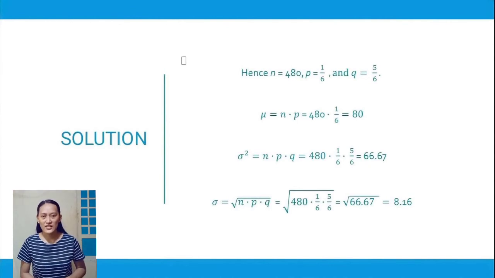Next, variance is equal to 480 times 1/6 times 5/6, the answer is 66.67. Next, standard deviation is equal to the square root of 480 times 1/6 times 5/6, the answer is 8.16.